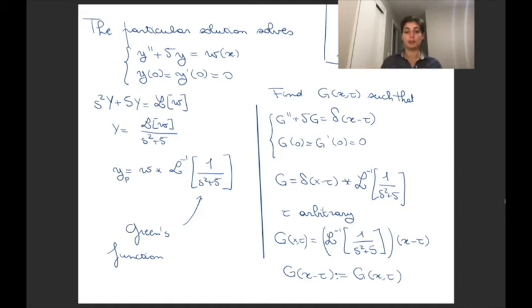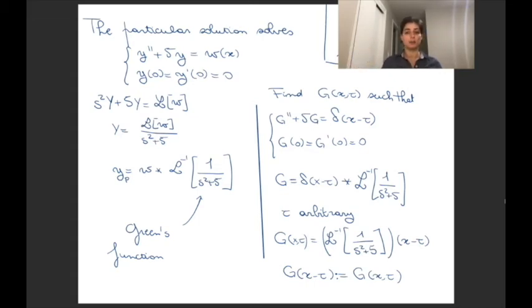Then we retrieve, following the same steps as before, that the Green's function is equal to the Dirac delta computed at x minus tau convoluted with L inverse of 1 over s² + 5.